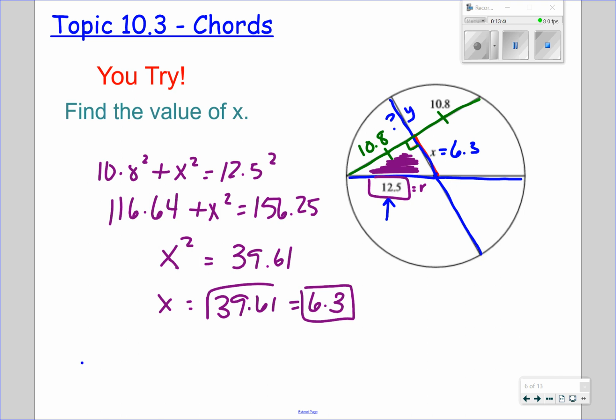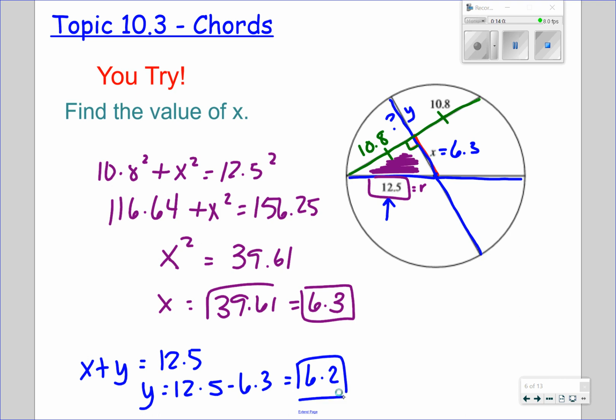We know that x plus y should equal the radius of 12.5. So then y would be 12.5 minus our x value of 6.3, which would be 6.2. I know the question didn't ask us for that, but that's just a little bit of information that you can use to help you with your homework later.